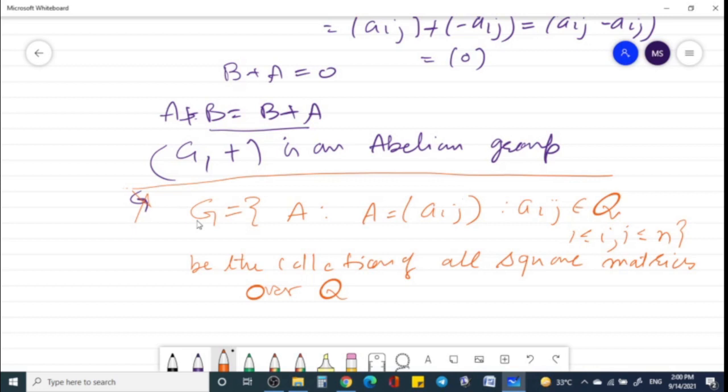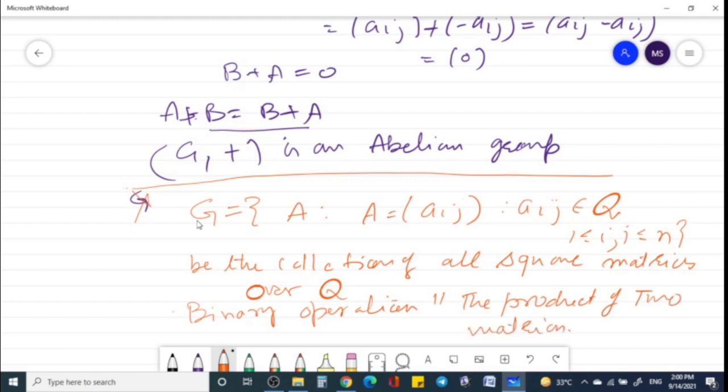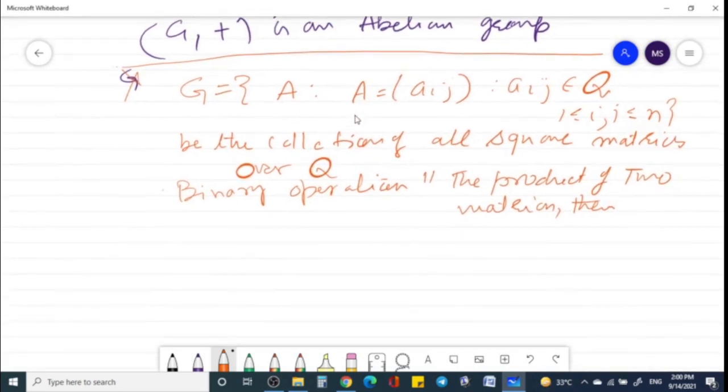So if we define a binary operation, the product of two matrices, then this is quite a binary operation.